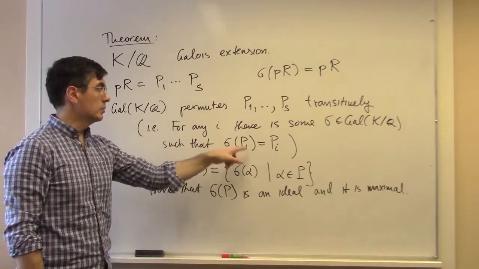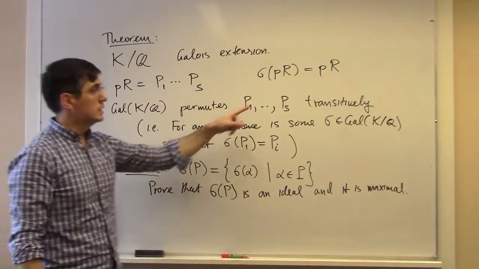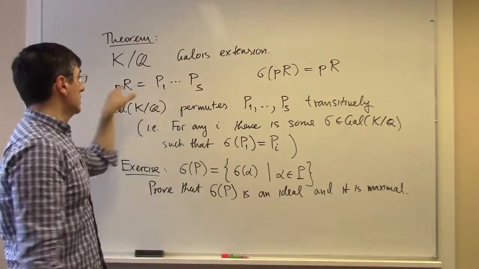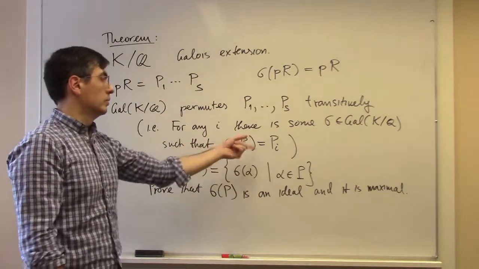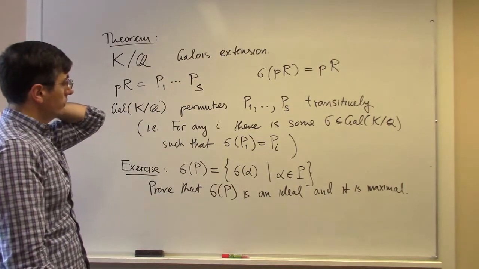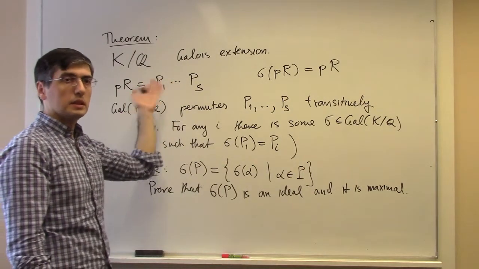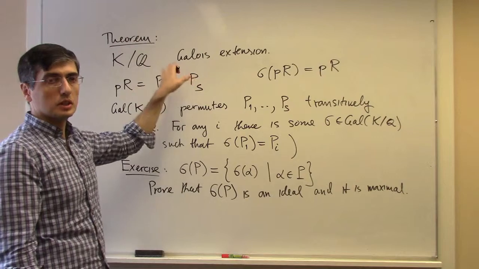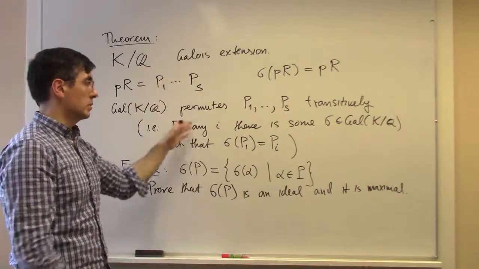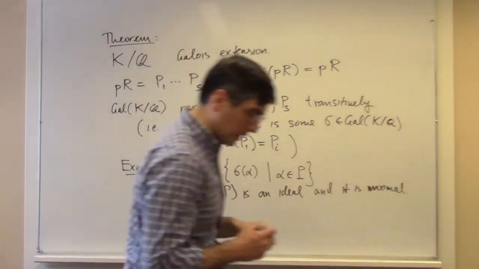Whatever this sigma Pi is, it still divides p, and these are the primes that divide p. So it has to be one of those ideals. I'm not saying these ideals are necessarily distinct. There might be ramification indices, so some of them might be the same ideals, but the statement is still true as it stands.